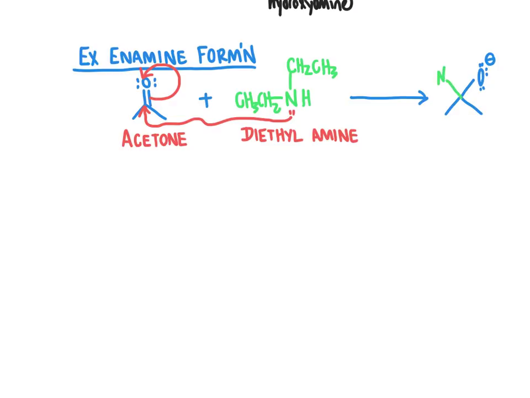So a new bond between carbon and nitrogen there, and that nitrogen is going to have our hydrogen directly bonded to it, and also those two ethyl groups. We'll plug our formal charge in there on the nitrogen.